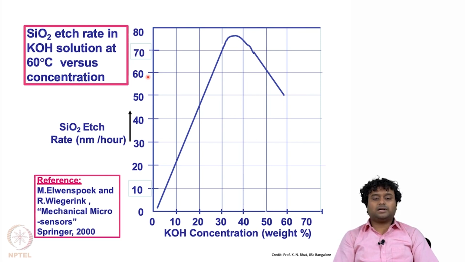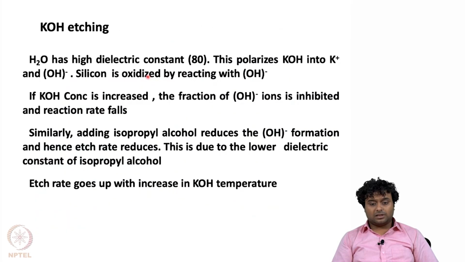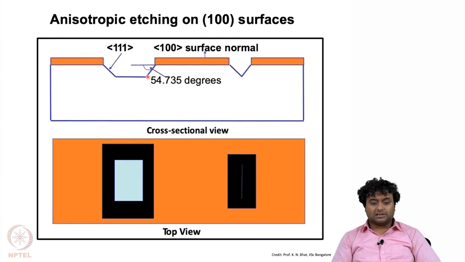So, if we deposit a 100 nanometer thick silicon dioxide layer, let us go back to this picture again. So, this is silicon dioxide, and I am etching about 1 micron of silicon, and for that let us say we need 10 minutes of time. Then in that case this silicon dioxide can be 50 nanometer or 100 nanometer also, because in that time this will get etched only by 5-6 nanometer.